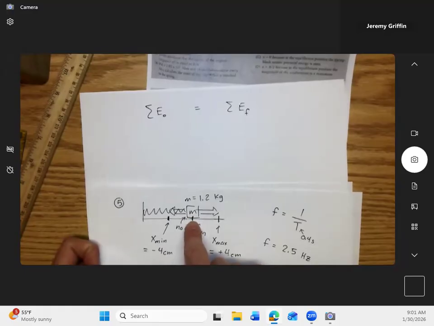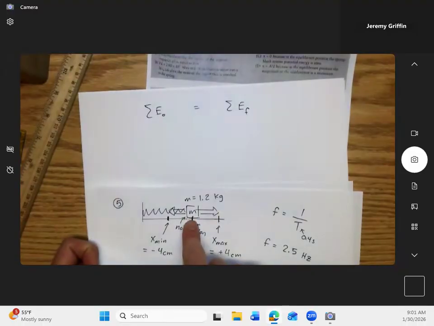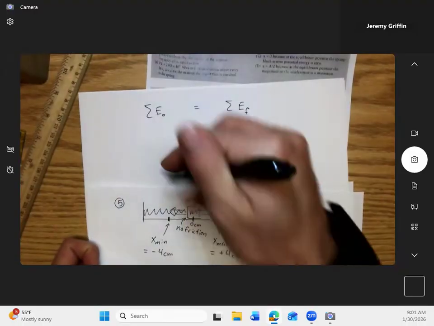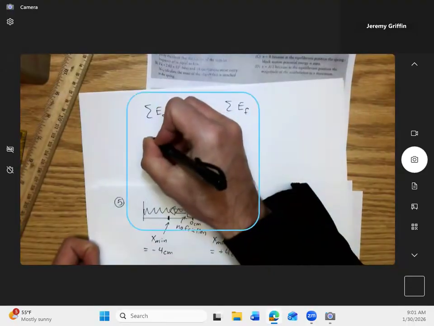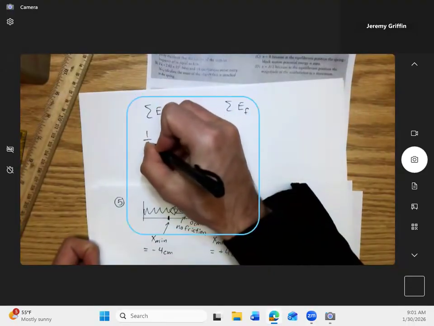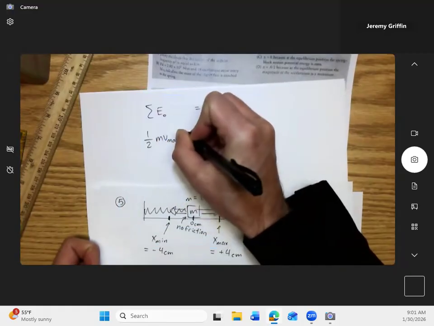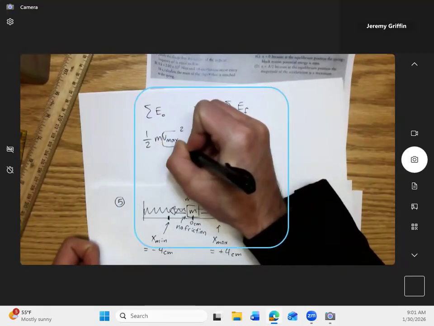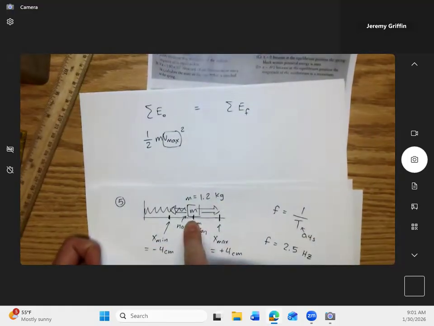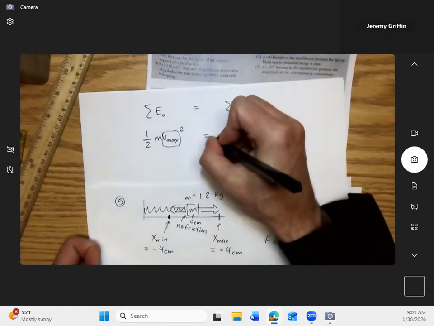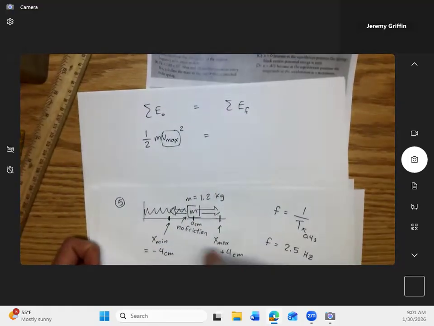No. So where's all the energy? It's all in its motion. So it'd be kinetic. The kinetic energy at the center would all be 1/2 m v squared. So I'll call it 1/2 m v max squared, and then we can solve for v max. Now that's just going through the equilibrium point, and that's equivalent to the energy anywhere else in the system.